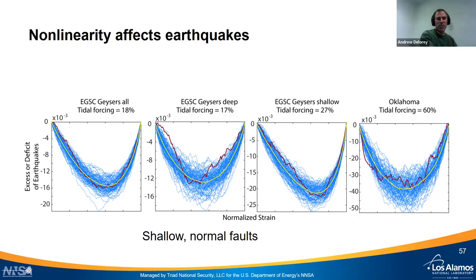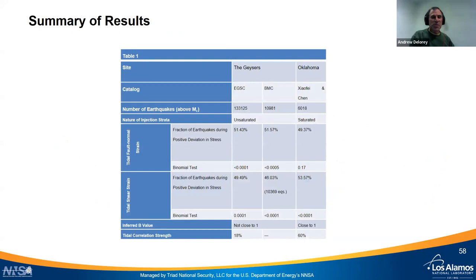The one that matches the deep earthquakes, which are greater than the median depth, which is, I think, approximately 2 kilometers, I'll have to look that up. And then for the shallow earthquakes, it was 27%. So the shallow ones are more triggered than the deep ones. In Oklahoma, it's much bigger. It's 60%. And so this is just kind of a summary of those results.